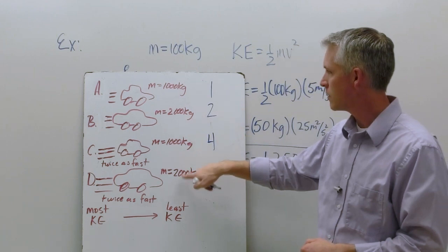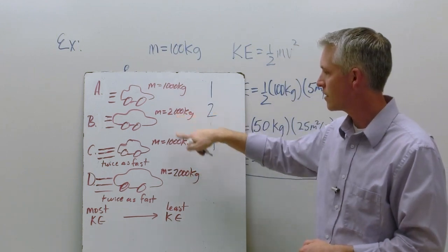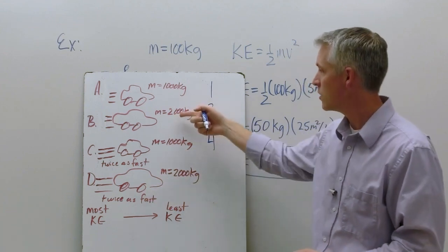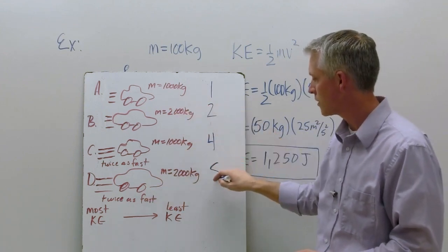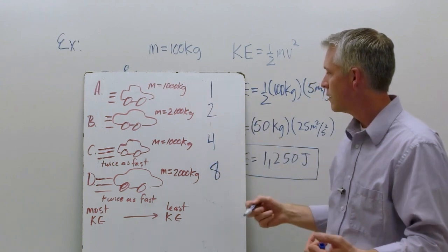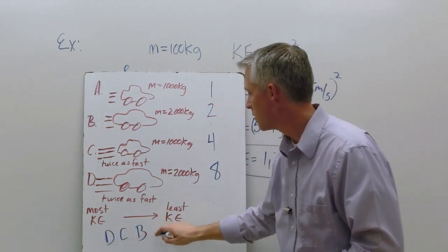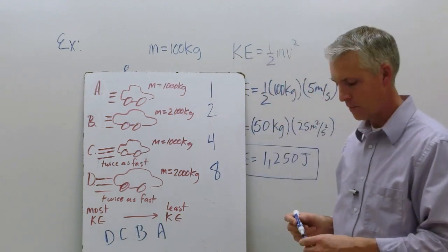And this one is the same mass as this, but it's going twice as fast, so it'll be 4 times as much as that one is, which gives it a pain factor of 8. So really the order is just reverse: D, C, B, and then A.